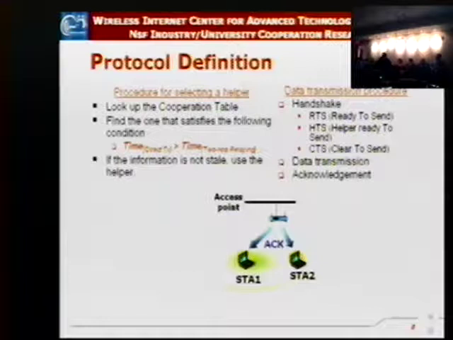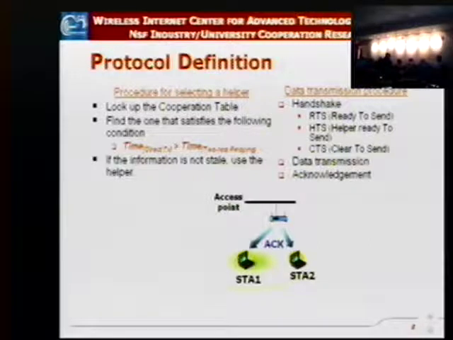We go through the CoopMAC table. We compute the time that is needed for the 2-hop transmissions, and the station who gives us the best time is the station who will help. Between two stations who give the same time, let's say two stations who have 11 megabits in the first hop and 11 megabits in the second hop, we use the one who has the most recent information in the CoopMAC table.